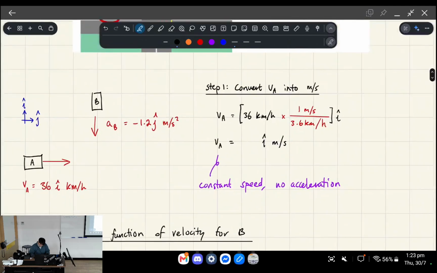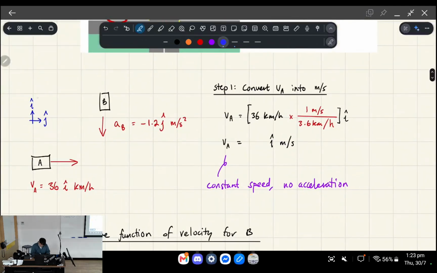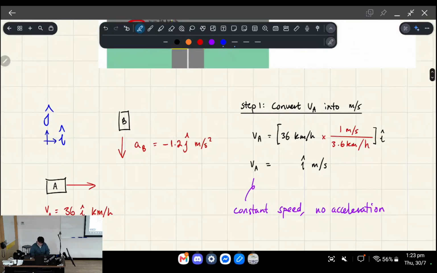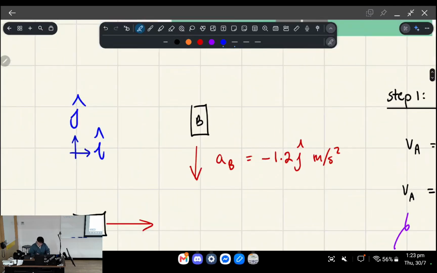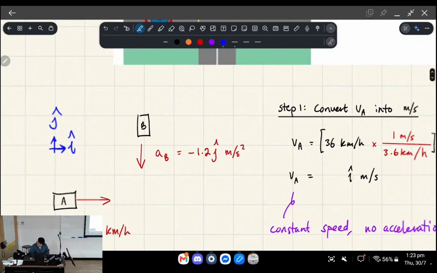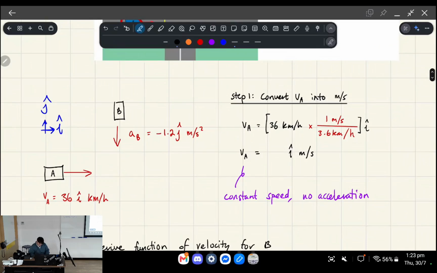Okay, so let's do a quick recap on unit vectors. If we're looking top down, I'm just going to assign unit vectors. Moving in the positive x direction is i, and moving in the positive y direction is j. So the unit vector i and the unit vector j.